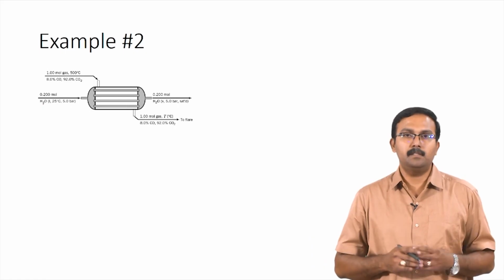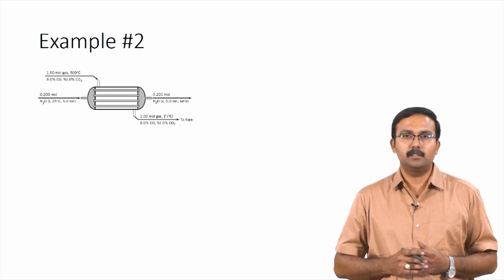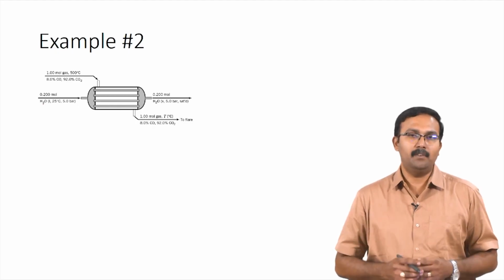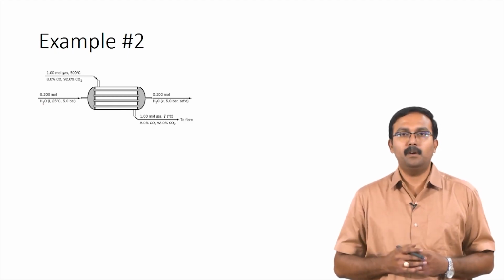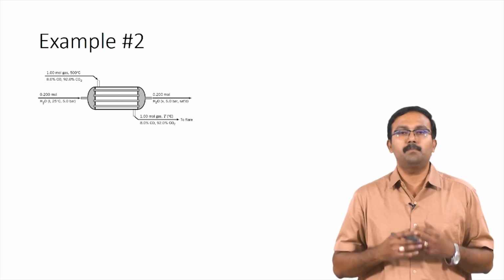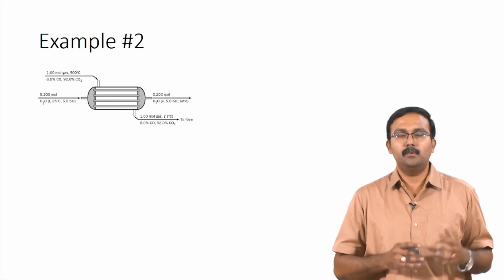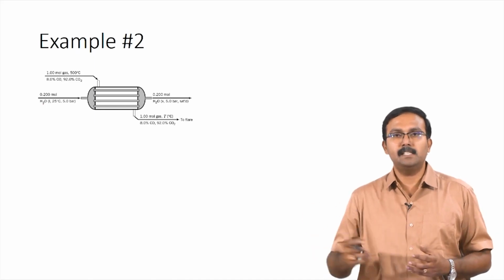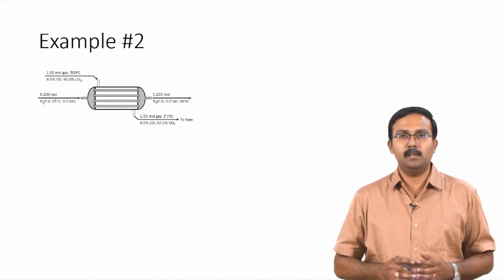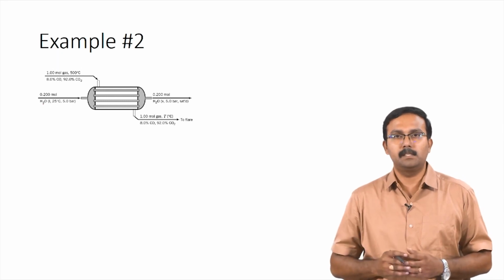So, as I had promised, today's lecture will only focus on no phase change processes, right. However, here we do have a phase change, but we do not have to worry about how to account for phase change simply because we can use steam tables directly. So, here water being heated and changing phase does not affect our calculations as we will be using steam tables.